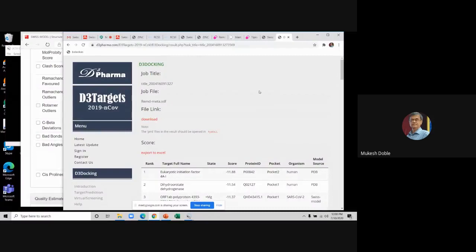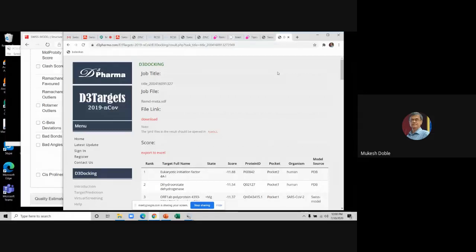Okay, so most of them may be homology modeling. As time goes, maybe they will come up with the 3D structures in the next 1 year, 2 years, 3 years. So this also gives you some idea about possible targets into which your ligand may go and bind.